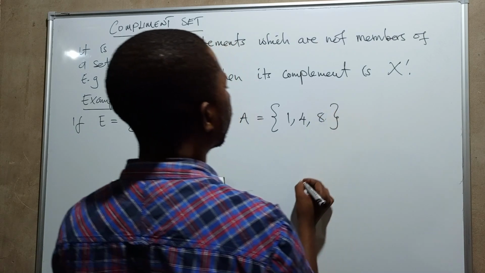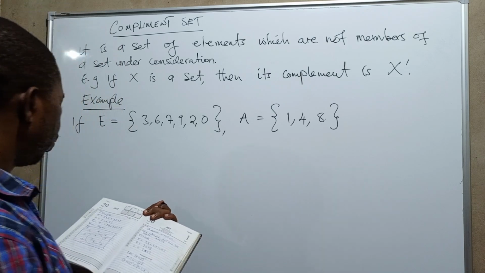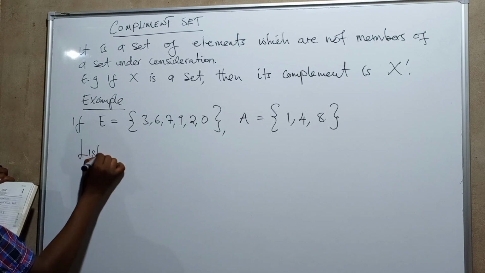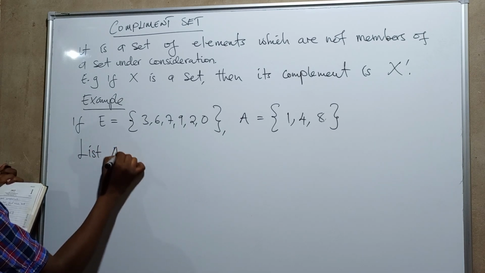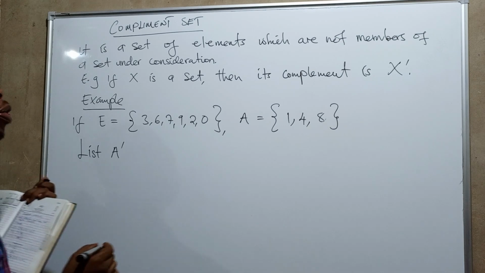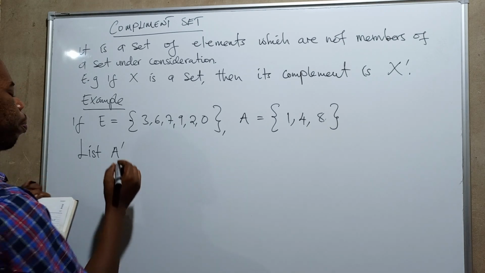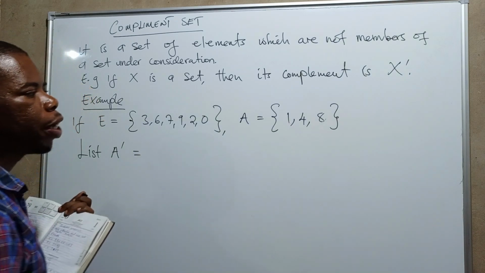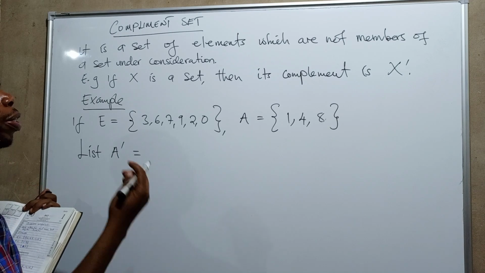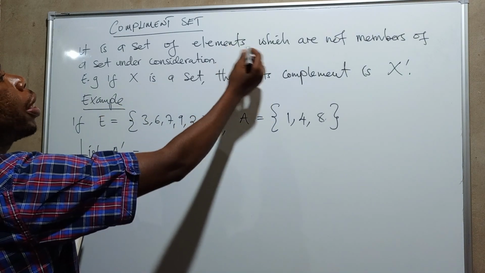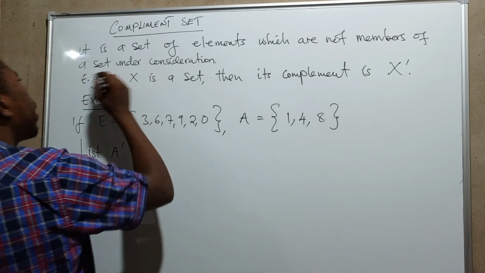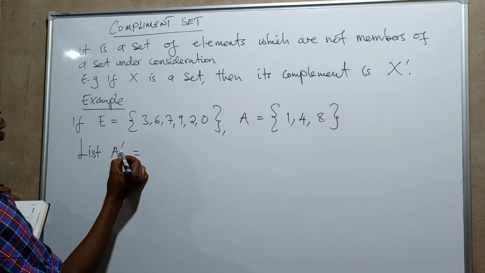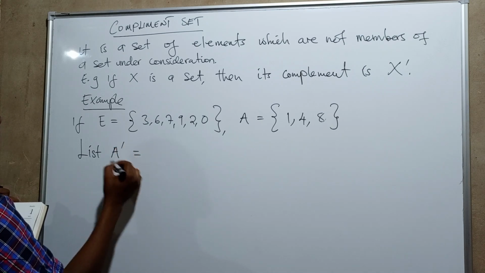If the question says list A complement, it means you need those elements which are not in A. So the set under consideration is A. When we say A complement, we want members that are not in this set.